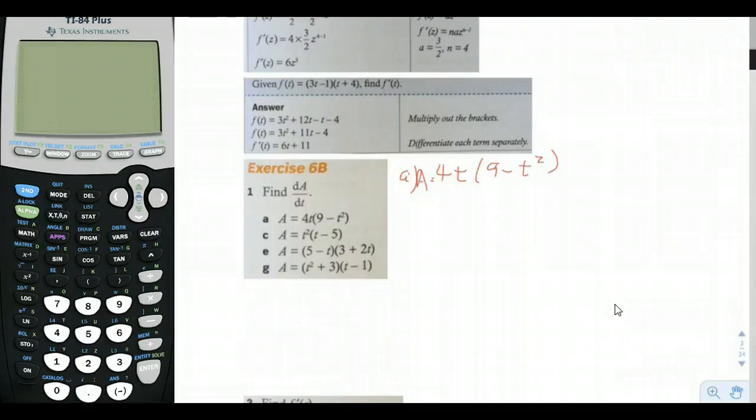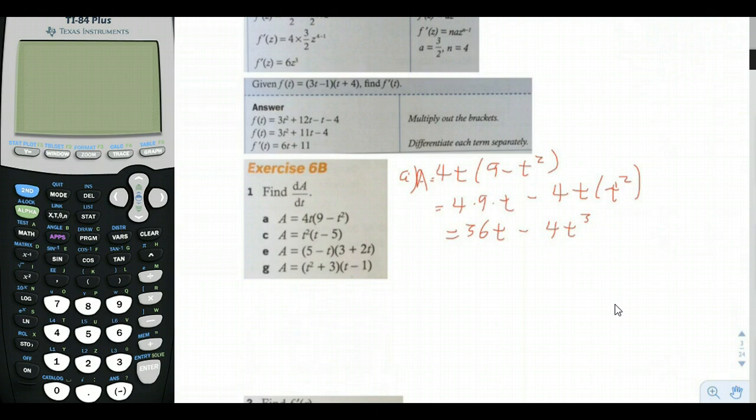So we're going to multiply it out. We're going to have 4 times 9 times t minus, we're using the distributive rule here. And if your algebra is weak, good luck, okay? This would be 36t minus, and this would be 4t cubed, right?